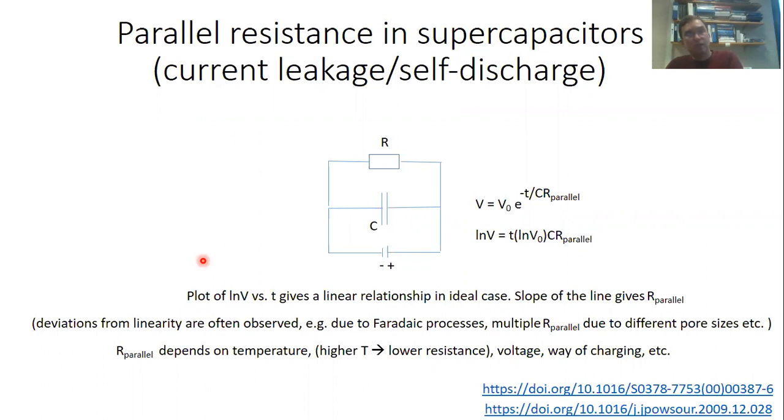That is because the electrical resistance of your electrolyte in between the electrodes is high, but it's not infinitely high. So we can model that by assuming that we have an ideal capacitor in our circuit, and parallel to that a finite resistor through which there is some leakage current.